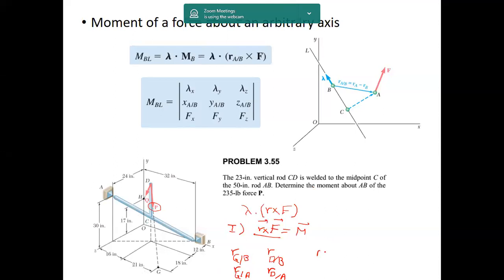So then I can write this M. So all of these are equivalent.